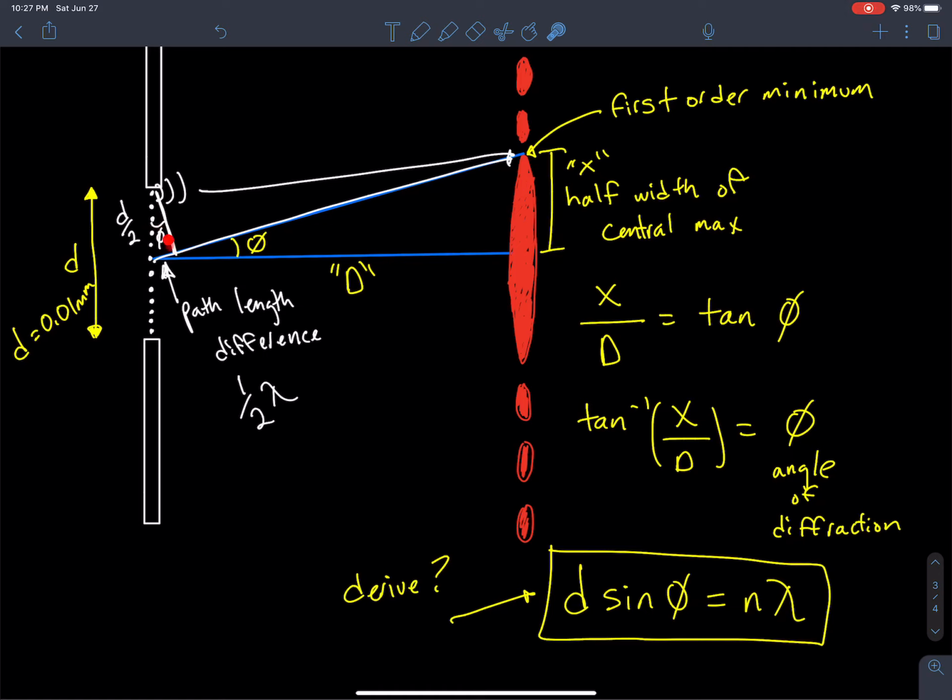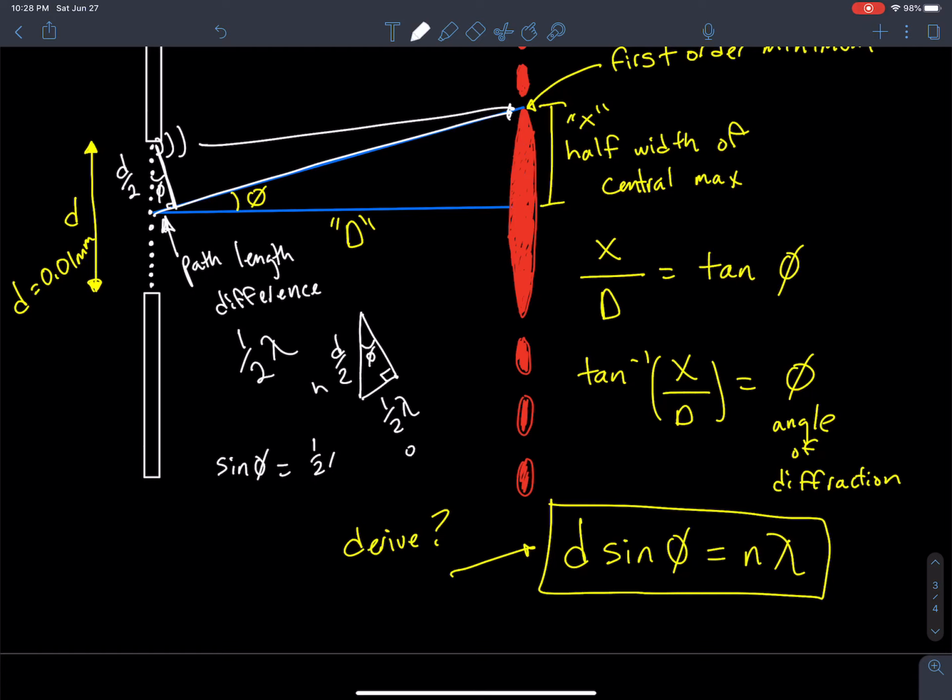If I draw that triangle out right over here, this is my opposite side and that's my hypotenuse. I can say that sine theta is equal to opposite over hypotenuse, which is equal to 1/2 lambda divided by d over 2.